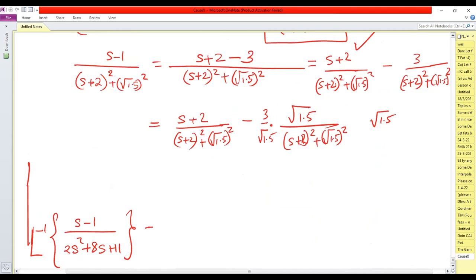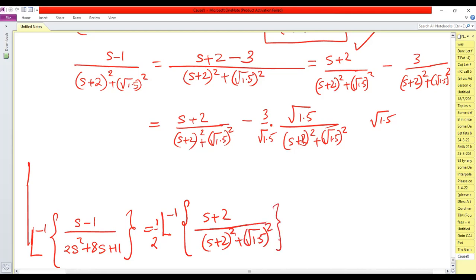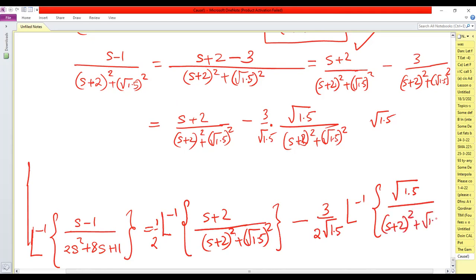So we'll have the inverse transform of a half times this value: half (s plus 2) over ((s plus 2) squared plus root 1.5 squared), and then minus 3 over 2 root 1.5, the inverse transform of square root of 1.5 over ((s plus 2) squared plus square root of 1.5 squared).